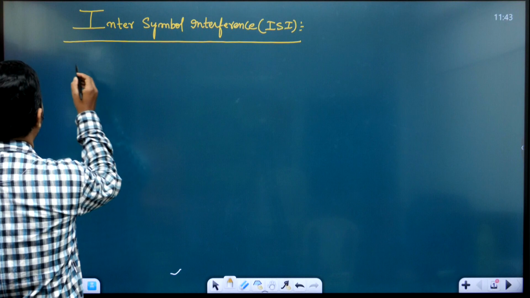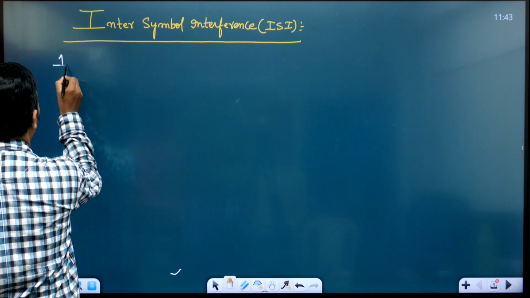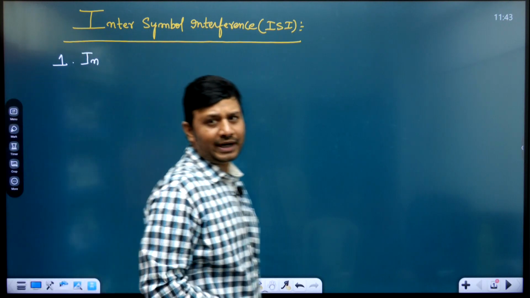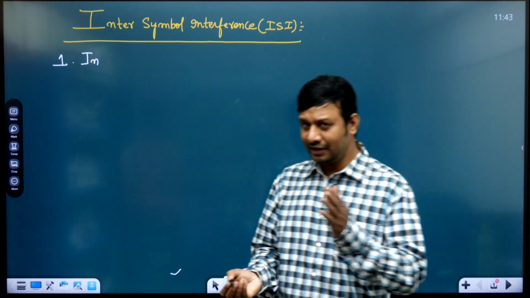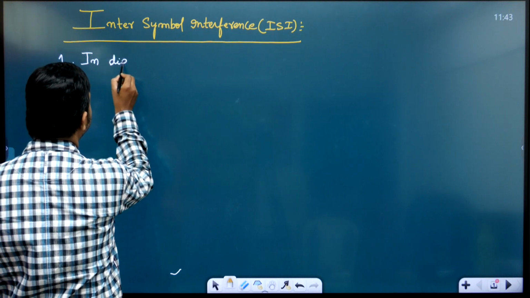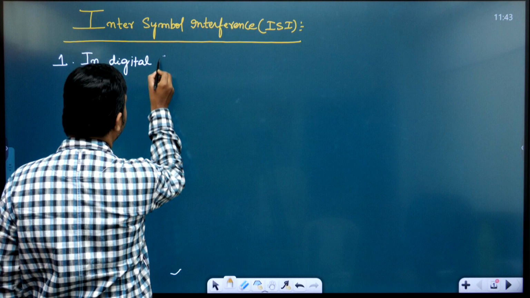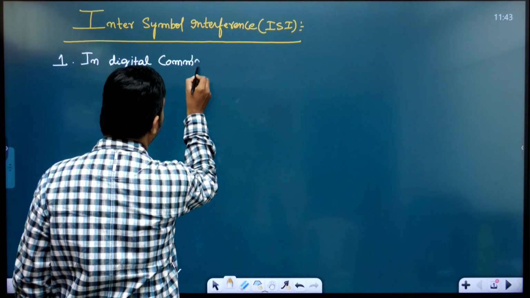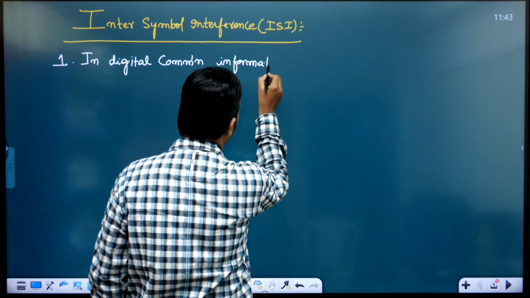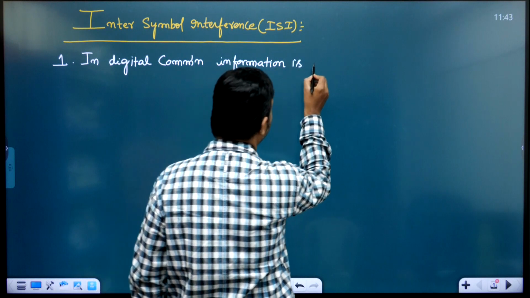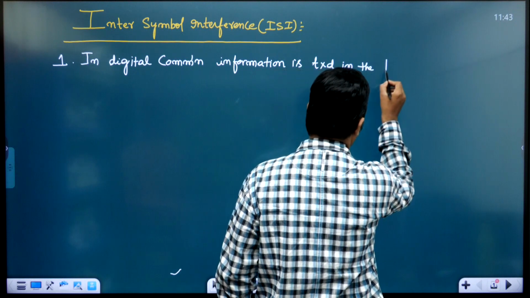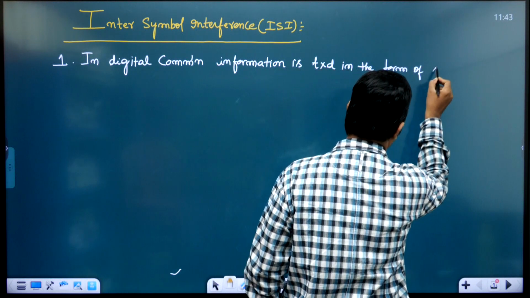First point here is, we know that in digital communication, the information is transmitted in the form of ones and zeros.